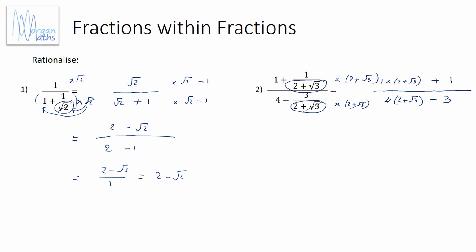Next stage, let's tidy up. So we now have 2 plus root 3 minus 1 over 8 plus 4 root 3, I'm expanding my brackets, minus 3. So this gives us, oops, it's not a 2, it's a 1 plus root 3 over 8 plus 4 root 3. And at that stage, we are now ready to rationalize. So the next step would be to rationalize.